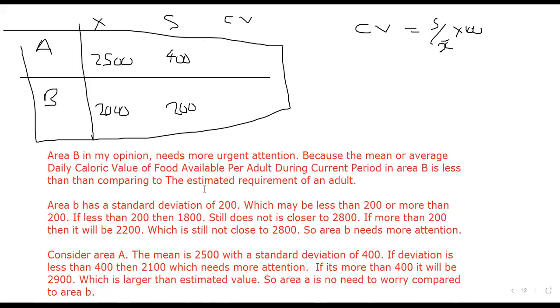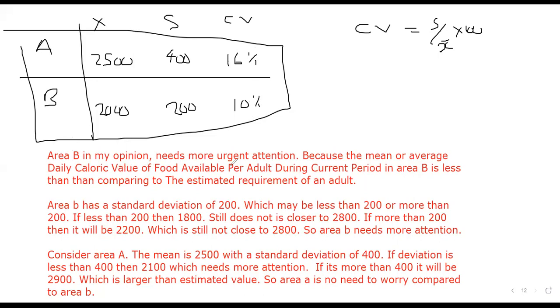What did you get? We get 16%. Then here 200 divided by 2000. What did you get? We found 10. So what comment could we have?